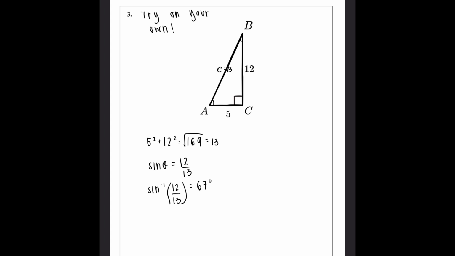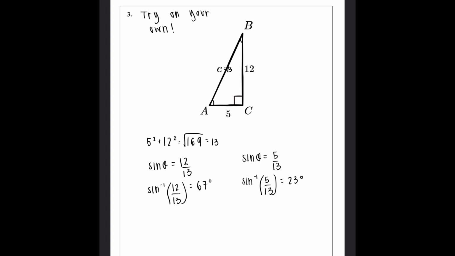For angle B, we'll do the same thing. So sine of theta equals opposite over hypotenuse, so 5 over 13. To find theta, take the inverse of sine, and we will get 23 degrees.